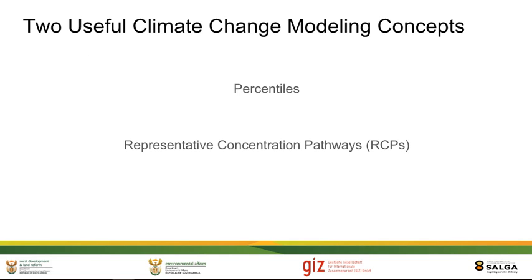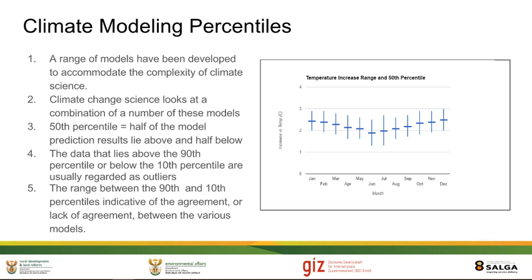Before we get into the details of the Climate Science Analysis Group website, it is useful to define two key climate change modeling concepts. These are percentiles and representative concentration pathways, or RCPs. Let's first look at percentiles.